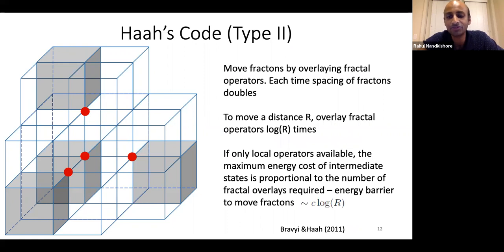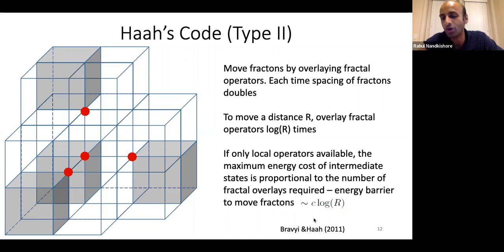And it has the interesting property that if you try to move them, then in the X-cube model, if you try and move one of these unhappy cubes, you end up creating additional excitations. So there's an energy cost to trying to move things with local perturbations, but the energy cost is constant in the X-cube model. In Haah's code, the energy cost actually grows with how far you try to move something.